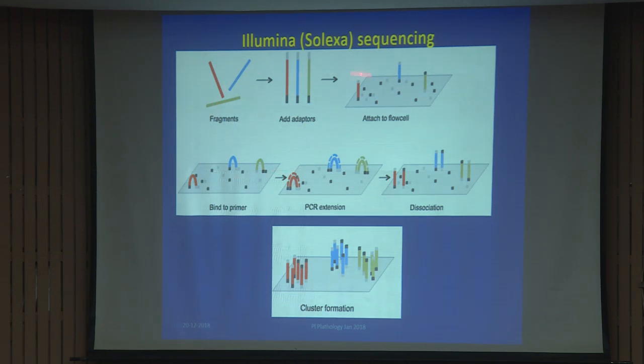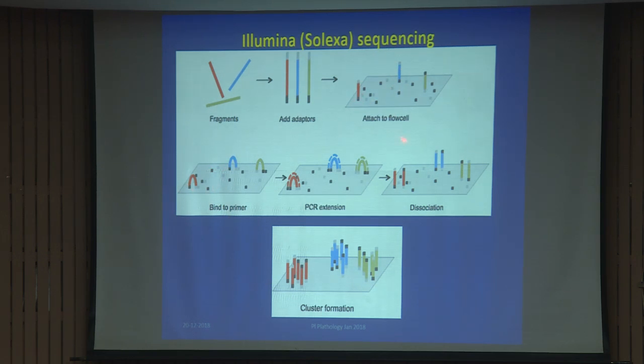The concept here is the same as we saw in pyrosequencing. You fragment your DNA, you add adapters, and then this DNA bound to adapters is attached to a very small glass slide called a flow cell.